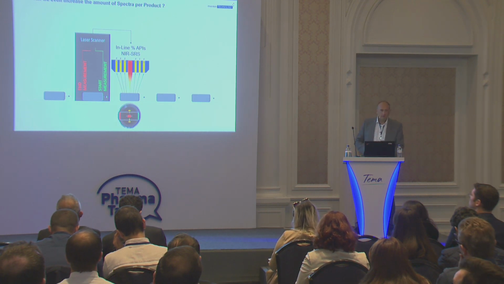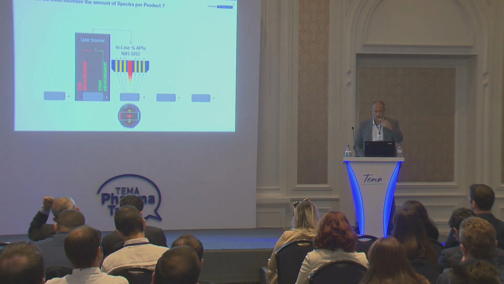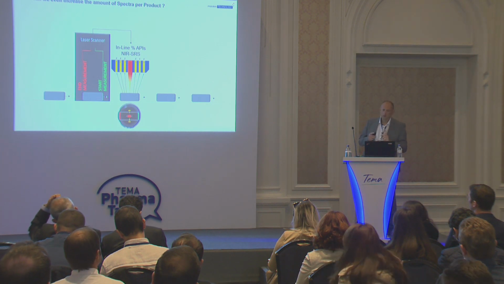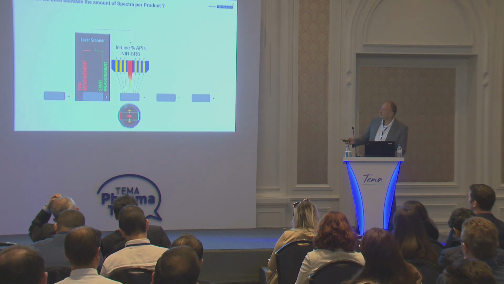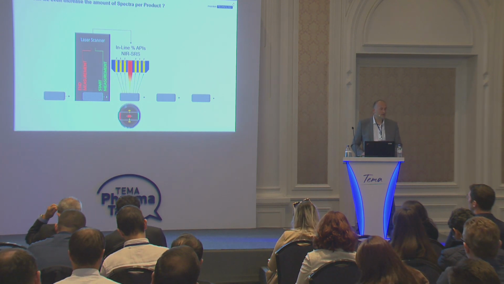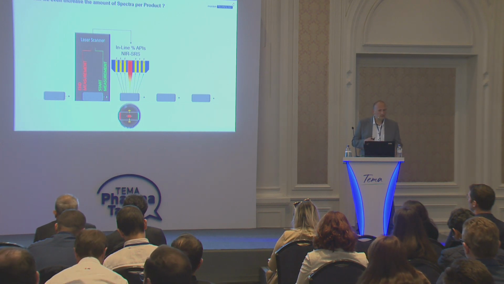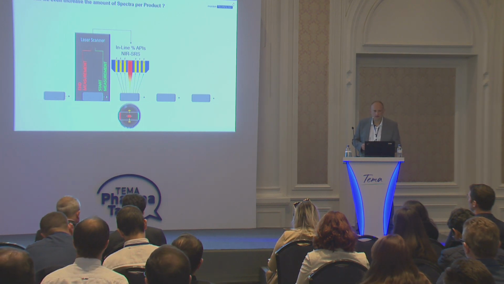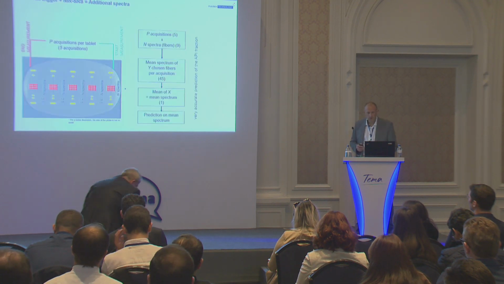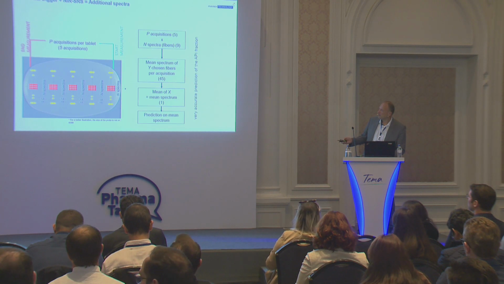Then there's one more thing to tell about the laser scanners. Laser scanners care about the tablet height, also the thickness, and the dimension. We talked about that. On top of that, the laser scanner knows exactly when the measurement starts and ends. It knows the band speed of the machine, so it can calculate how many triggers, how many images per tablet are possible. For example, on this oblong tablet, we are able to apply 5 images.